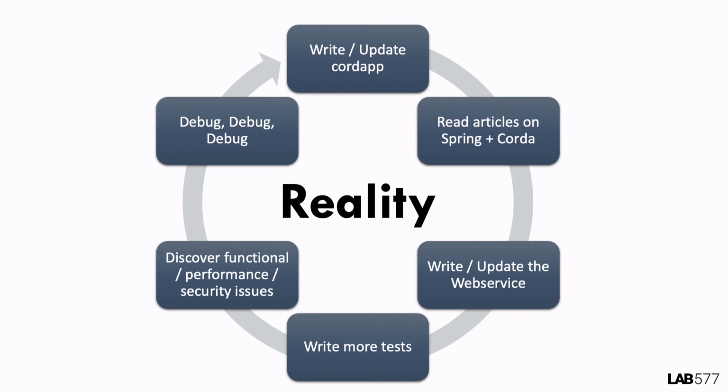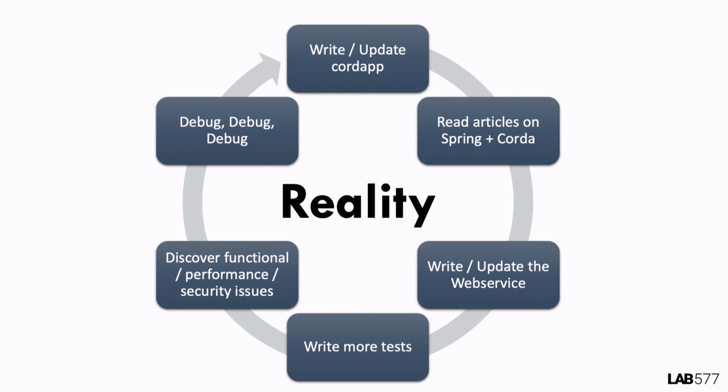They'll write their web services. They spend a lot of time testing it because it can be a little bit fragile. They'll have to map between the domain model inside Corda and their Corda apps to the world that they want to expose outside. Find a whole bunch of issues, performance issues, security concerns, and then spend a bunch of time debugging. And all this time, you're kind of spending all your time down in the depths rather than focusing on where the value is.